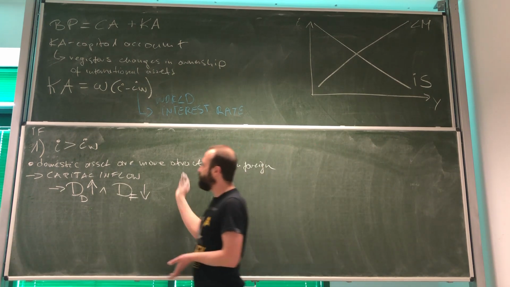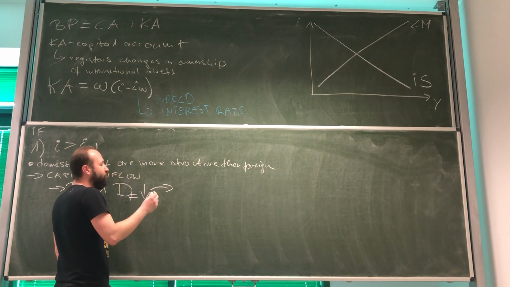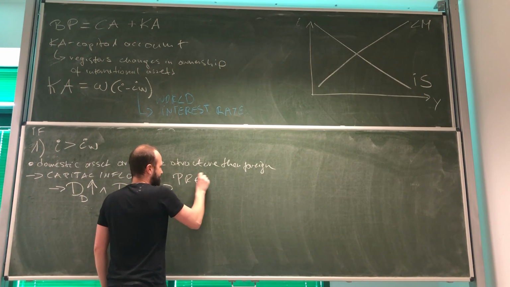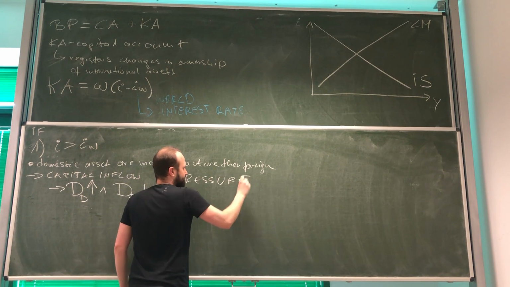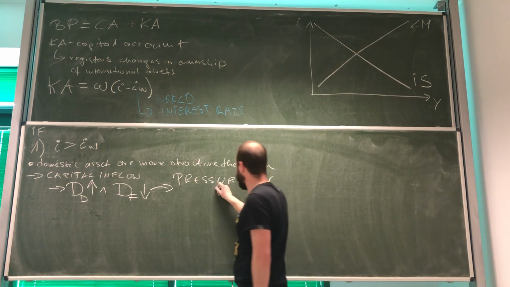So money is actually going into our country because foreign residents are buying our assets. And look, if there is higher demand for our assets and lower demand for our currency, lower demand for foreign currency, we should expect something that we will call pressure on appreciation.